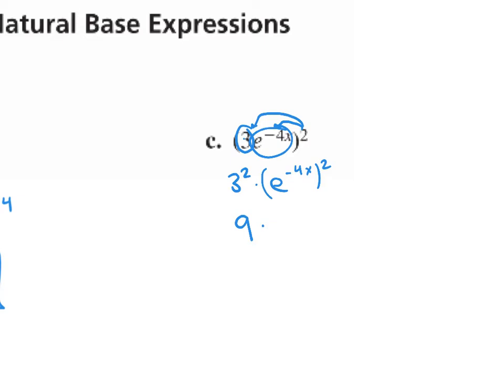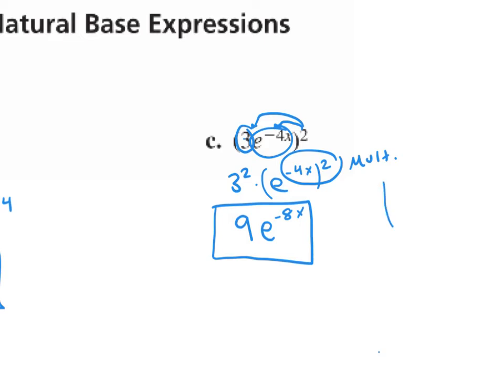And then how do we simplify e to the power of negative 4x squared? What do we do when we have a power raised to a power? Would it be like e to the negative 8? Awesome. We multiply these. So it would be e to the power 2 times negative 4, which is negative 8x. Nine is the numerator.